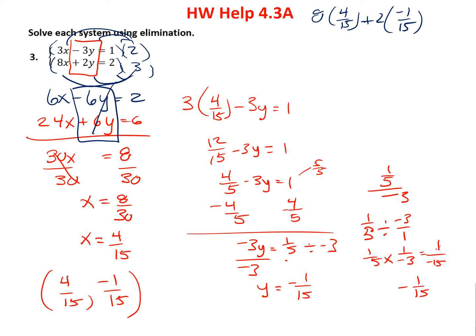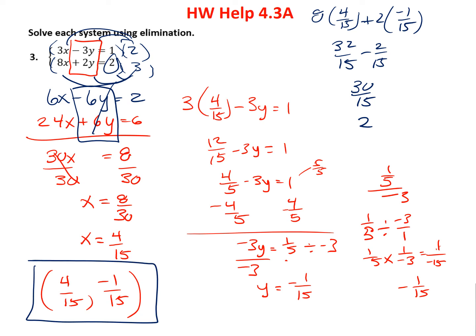Let's see what that adds up to. 8 times 4 is 32/15, and this is going to be minus 2/15. So that is 30/15, which is 2, as you see here. So we know that this is our correct answer.